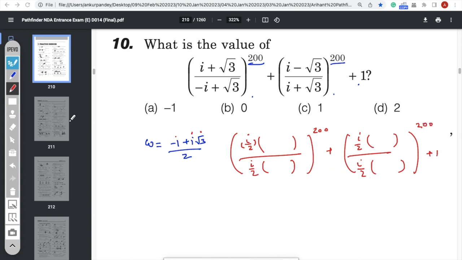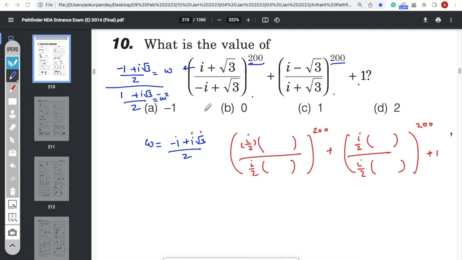So let's proceed. As i goes inside, look at it. i into i is minus 1 plus i root 3 whole divided by 2, plus 1 plus i root 3 whole divided by 2. This is omega square with a negative sign. This is just omega. Yes or no?